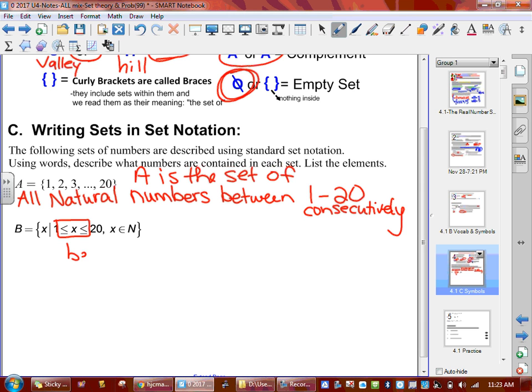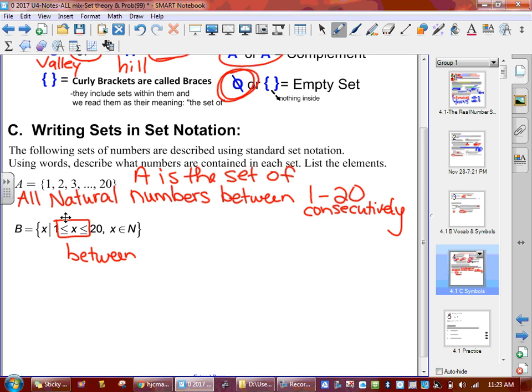Between, good. And the line underneath means it can include that number. So it means numbers between 1 and 20, including 1 and 20, and it says x is those numbers, and the category is natural. So would it be described any differently than what we described for set A?